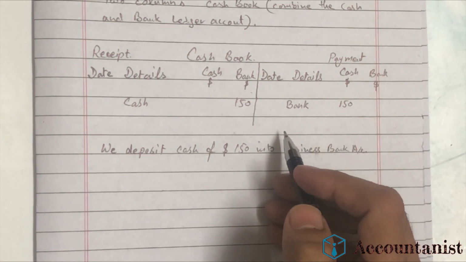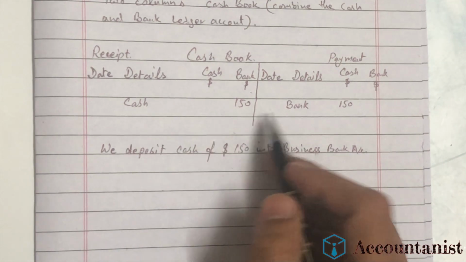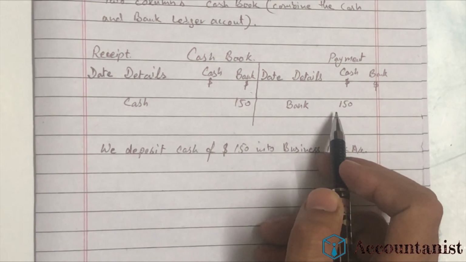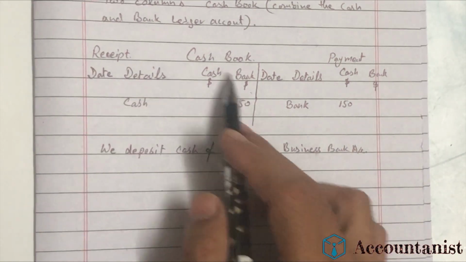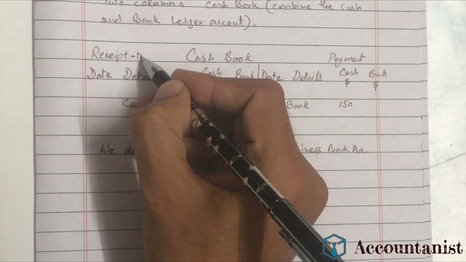So this entry comes on both sides. As you can see, it comes on the debit side as well as the credit side.